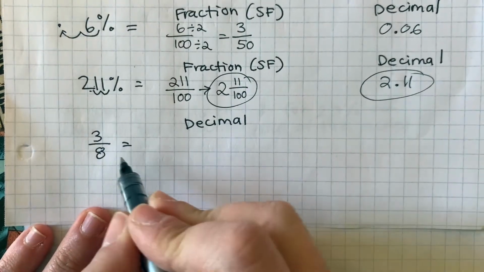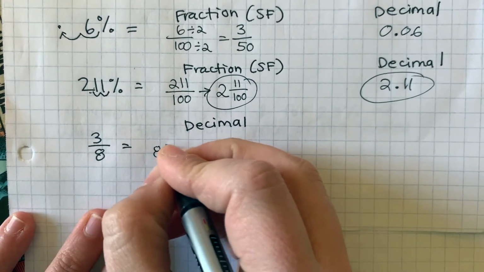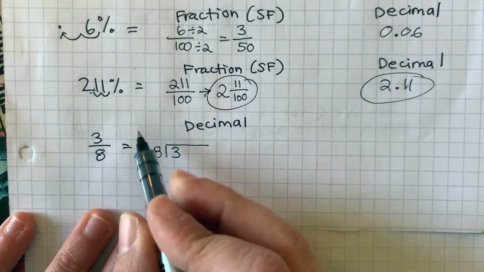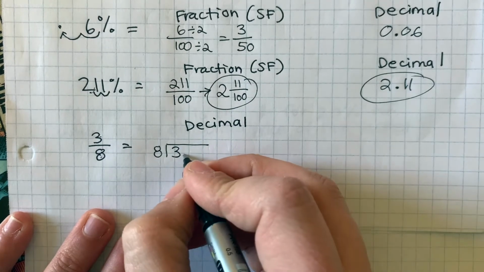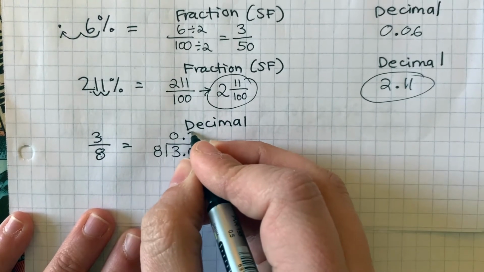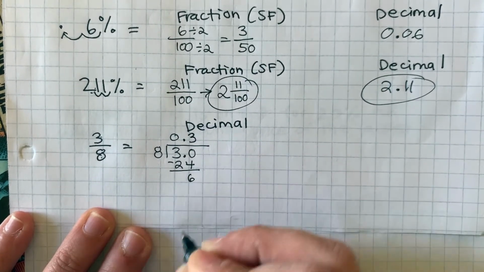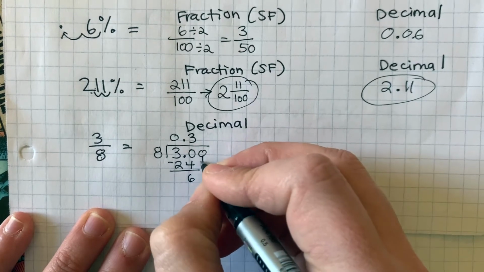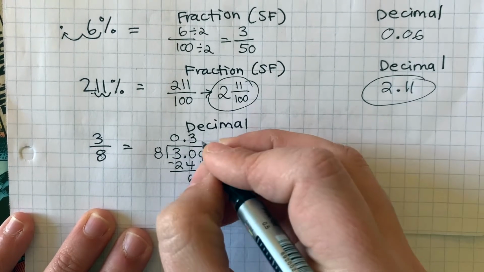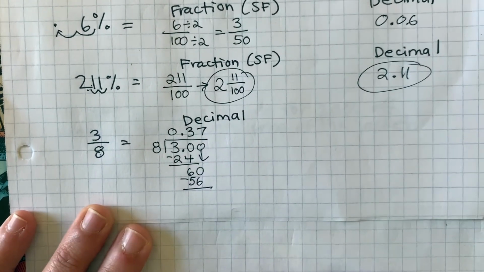This is the problem where you have to write 3/8 just as a decimal. To write 3/8 as a decimal, you divide the numerator by the denominator. So 8 doesn't go into 3, but 8 can go into 30. Let's see. 3 times, we get 24. Subtract, you get 6. I'm going to drop a 0 down. 8 goes into 60 7 times is the closest we get, and that gives us 56.